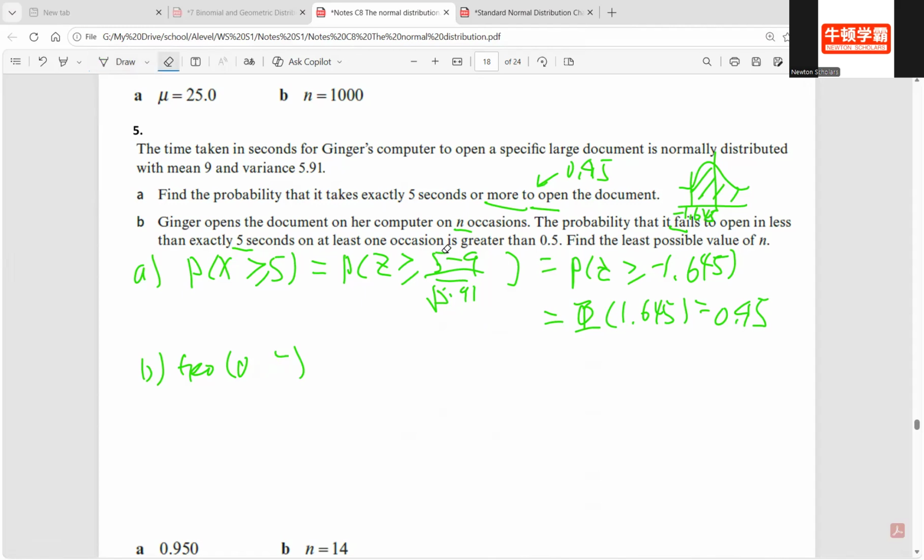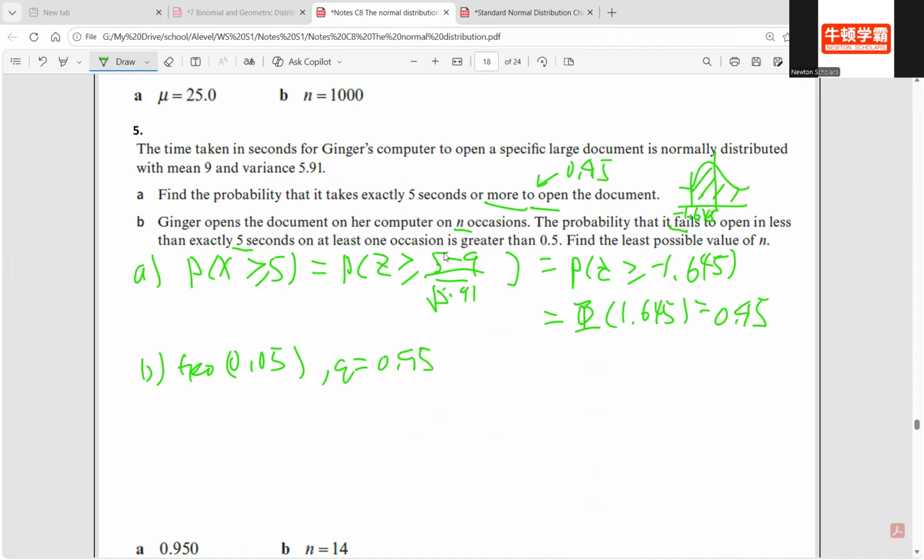The P is 0.05 in this case. For the Q it will be 0.95, because this one and this one are opposite.